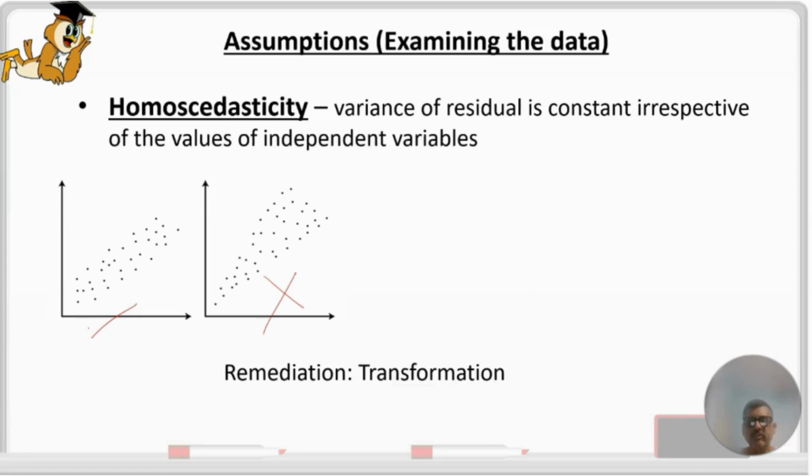The remediation for this is to experiment with transformations of that independent variable. You may want to engage in an exercise where you see if you can transform the independent variable so that the variance of residues stays constant. That would be the remediation.